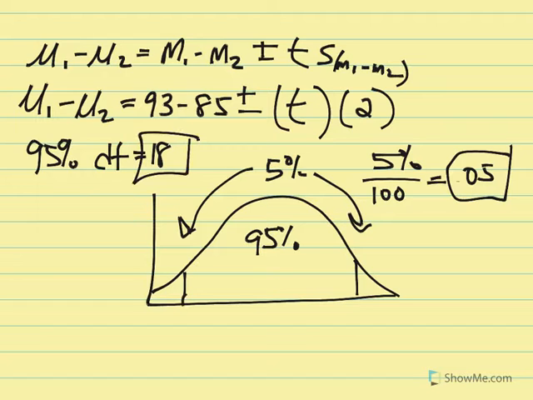And because we're calculating a value below the center and above, we recognize it's two tails that we're utilizing. We're going to use the two-tailed tier of our t-table.